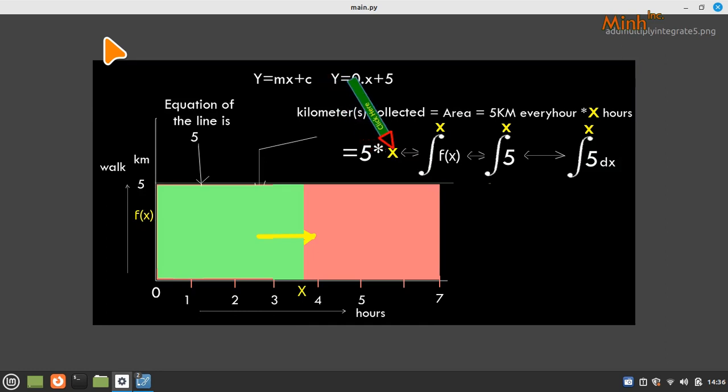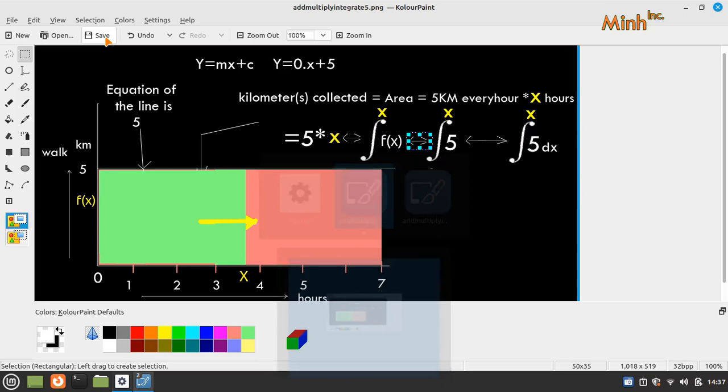X is the independent variable and this is the dependent variable. The dependent variable came inside and the independent variable went up. So this is how multiplication, or we can even change it more.